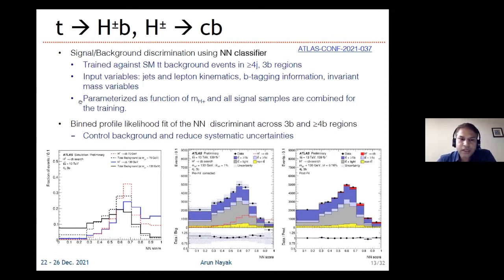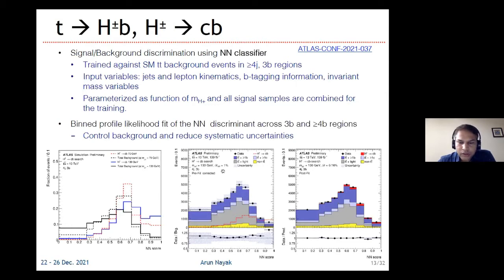So this is a PNN. It's parameterized as a function of MH plus, and all signal samples are combined for the training. And then you do a binned profile likelihood fit of this discriminant in these signal regions to extract the signal. And here you can see the neural network score for signal and the total background and their shapes.